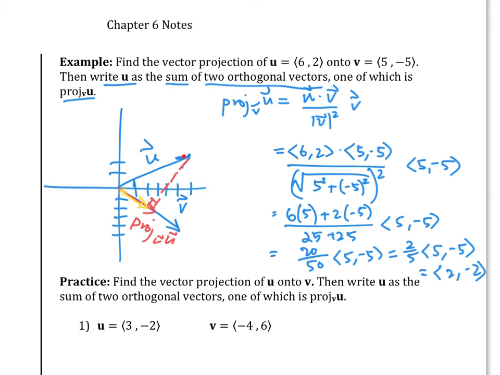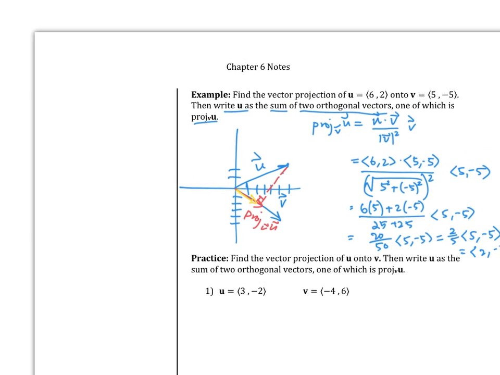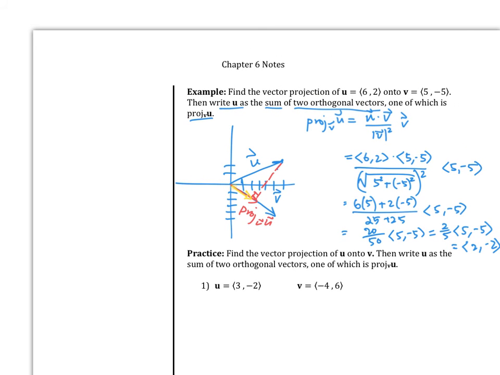We know the u vector and the projection vector, but we don't know this vector. That's not hard to find. The u vector is the sum of the projection vector plus this unknown vector. The u vector is (6, 2) and the projection vector is (2, -2).